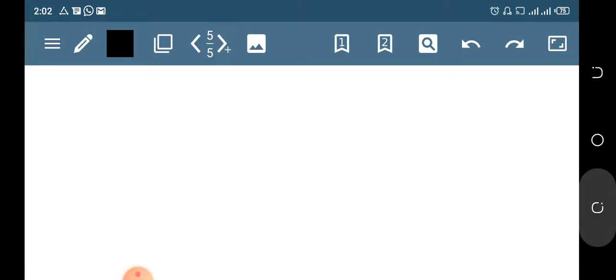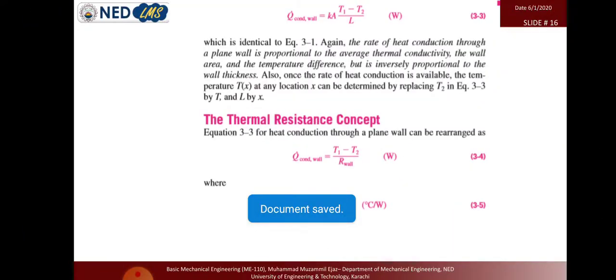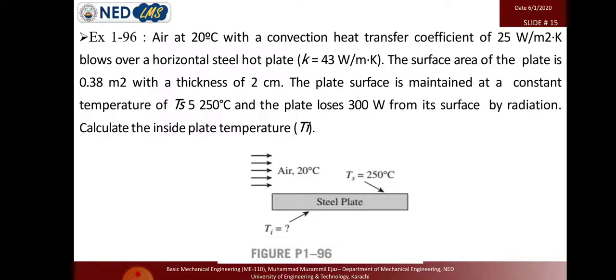The outside temperature is 20 degrees centigrade, and Ts is 250. First we write out the data, so we don't need to point out the numerical again. The K value is 43, the h value is 25, the area is 0.38, and the thickness is 2 centimeter.